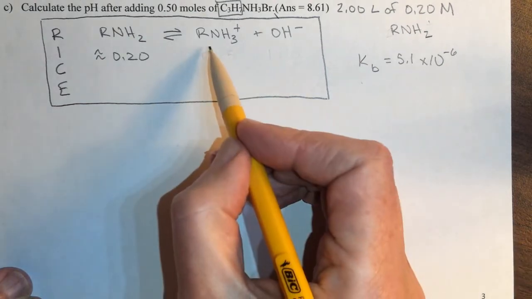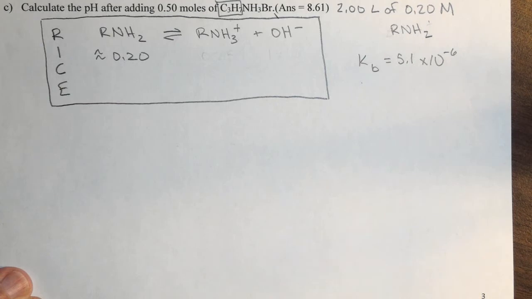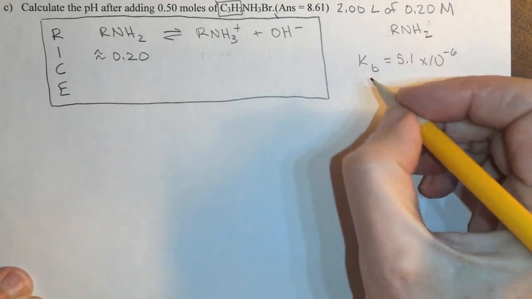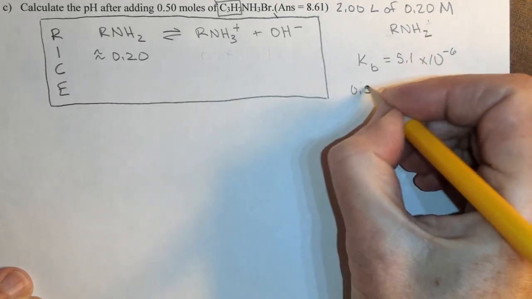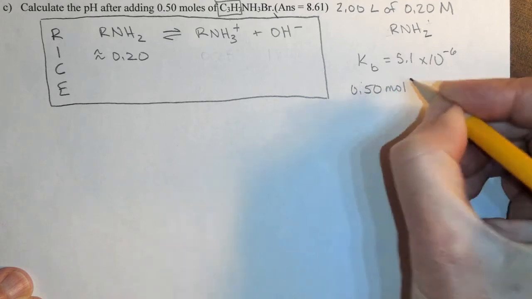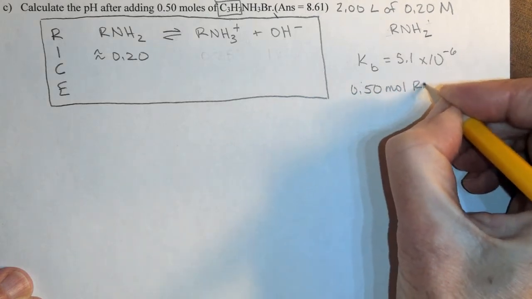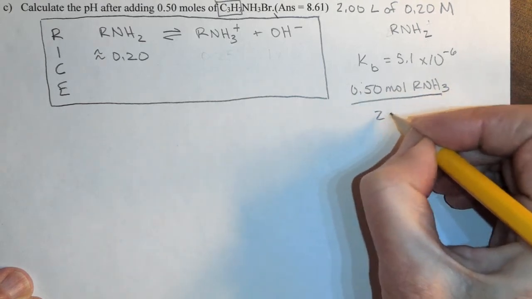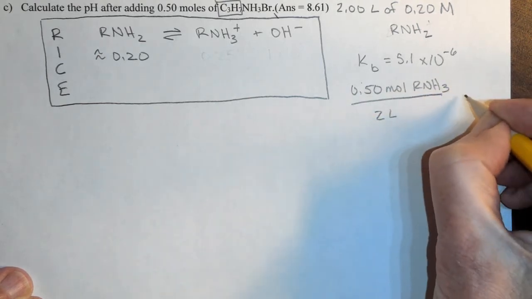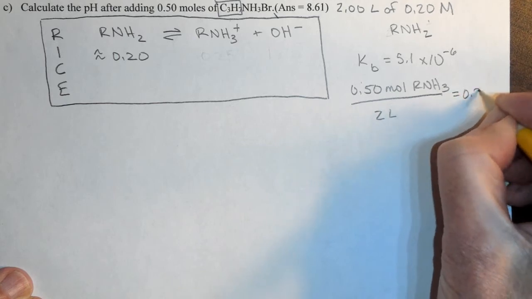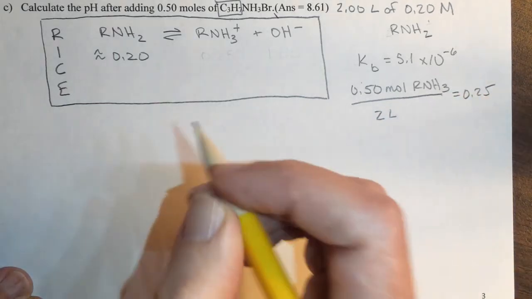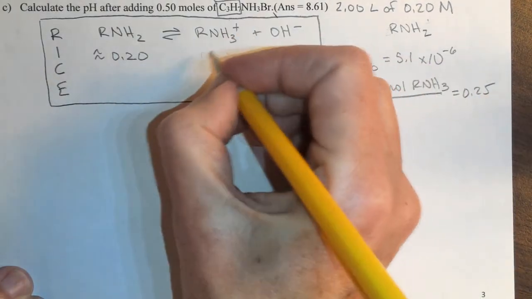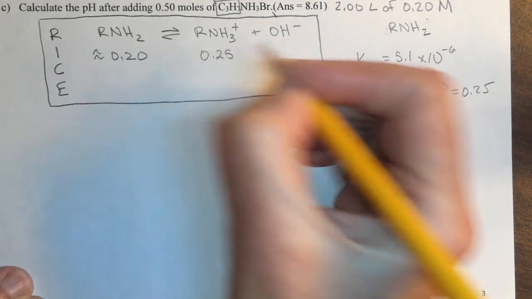So we need to figure out the molarity of the RNH3+, so we have 0.5 moles of that in 2 liters. And so we're going to find that that is equal to 0.25 molar.